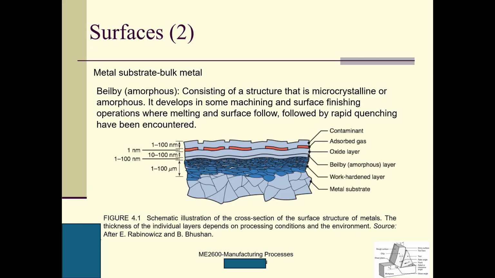This one is the work hardened layer, and then the Beilby layer, oxide, absorbed gas and contaminant. This is empirical, and the dimension, the depth of each of these layers varies. I want you guys to know this one. I may give you a problem and ask you to label these different layers for me. So this is the typical metal substrate, the bulk metal, the surface.